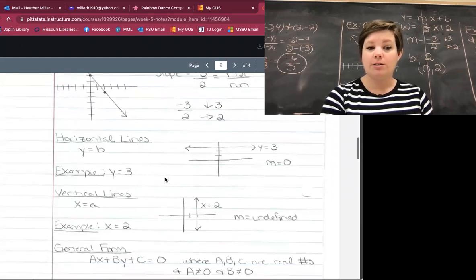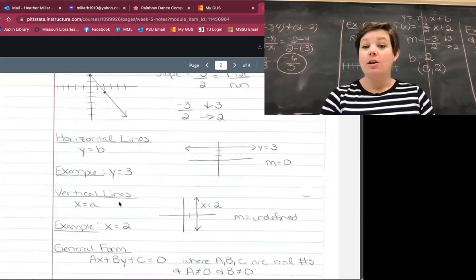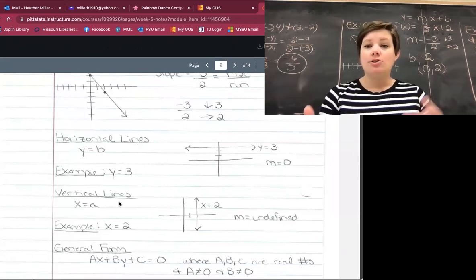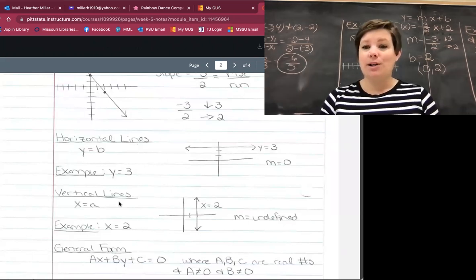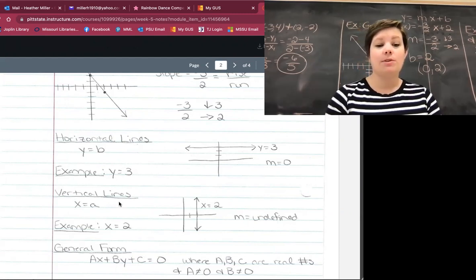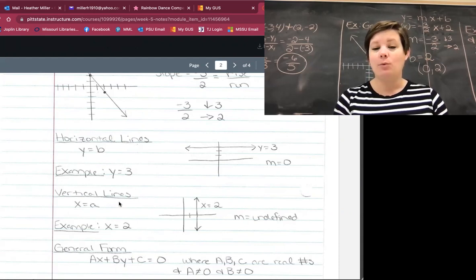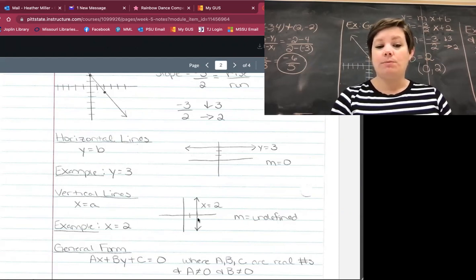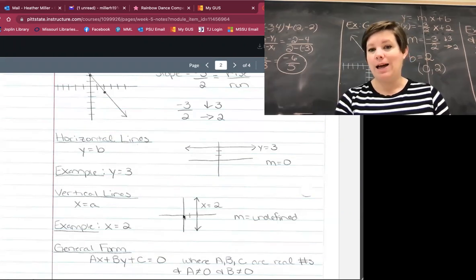And then vertical lines are x equals a. Notice there's no y-intercept, and that's because these run parallel to our y-axis, and so we're not going to have any y-intercepts. We do have an x-intercept though, and so then that happens at a, whatever that value is. For this example, x equals 2. So when y is 0, x is 2.